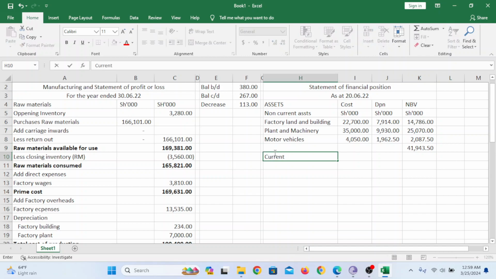Then I come to current assets. We start with the inventories, which is already given there. So the first thing is inventories.